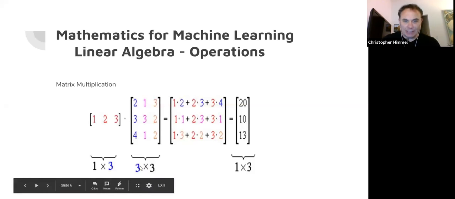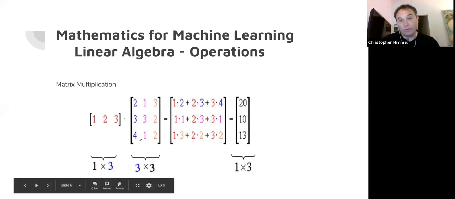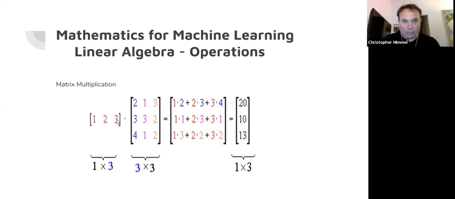So these numbers on the inside, the 3 and the 3, have to match. Otherwise, you cannot do the multiplication. Because the way you do the multiplication is you take the whole row of the first part, and you multiply it by the whole column of the second one. And then you put that as your first value in your result.